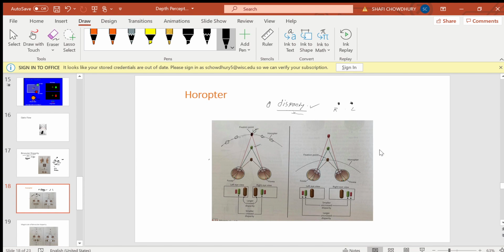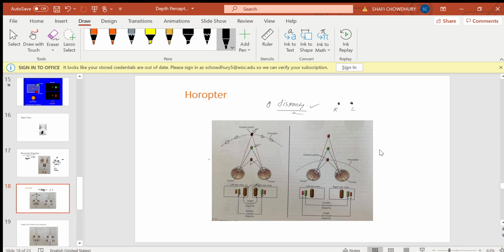Now while you are fixating, if you bring the object near, or if you look at an object closer than the horopter, then what will happen? You see that from this object the picture on the retina will fall here and here, the green object. And now if you bring it much closer, the brown one, the picture on the right and left retina will be here and here.